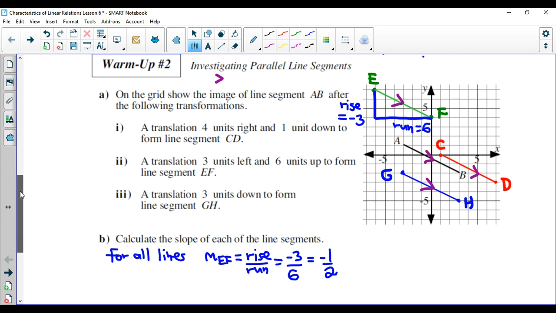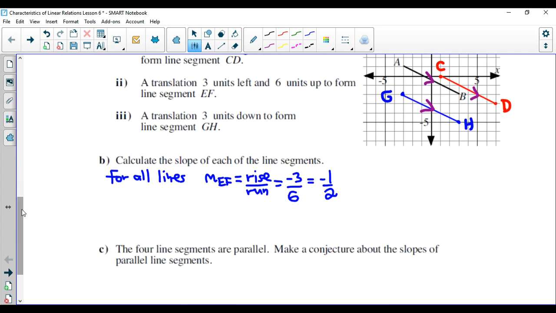Therefore, if you have line segments that are parallel, we can say the slopes of parallel line segments are the same.